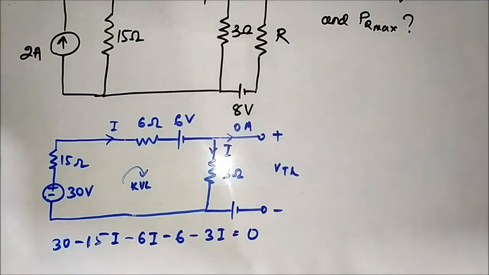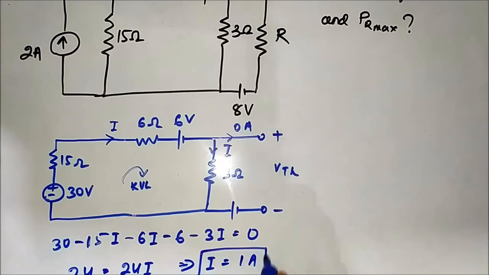That implies 30 minus 6, that is 24, is equal to 24I. That implies I is equal to 1 ampere.